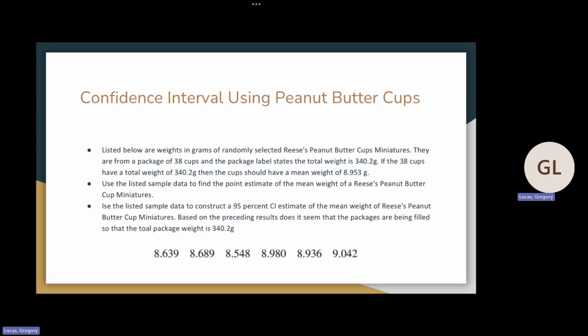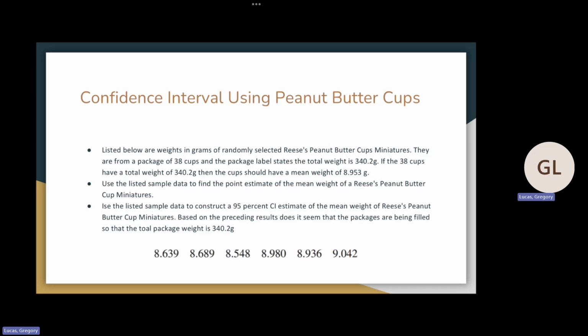So let's look at this example with peanut butter cups. Listed below are weights in grams of randomly selected peanut butter cup miniatures. They are from a package of 38 cups, and the package label states that the total weight is 340.2 grams. The 38 cups have a total weight of 340.2 grams, and the cup should have a mean weight of 8.953 grams.